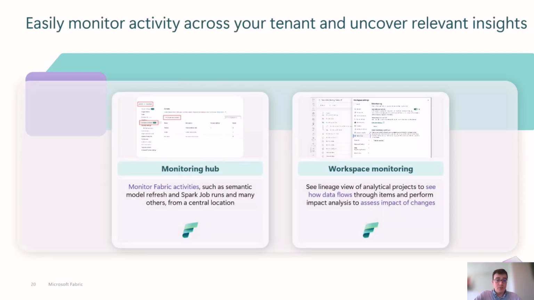We'll have two more tools here. The Monitoring Hub, the difference is that if you think about the admin monitoring and about Purview, you're looking at your data. If you think about the capacity metrics, you're looking at your consumption of Fabric capacity and your billing. Your Monitoring Hub is the place that you come to check that the jobs you are running are on time and are running without errors.